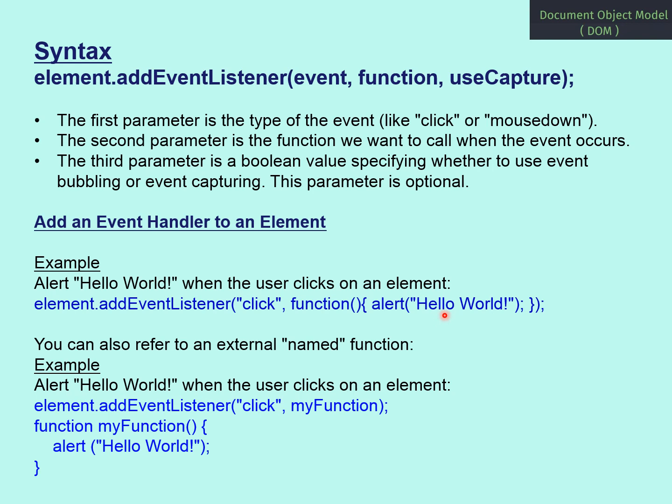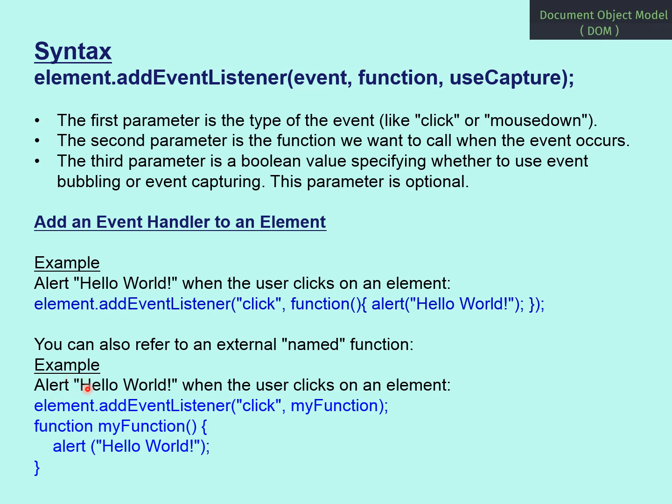So whenever the user clicks on the corresponding HTML element, an alert box will be generated with the message hello world. You can also refer to an external named function. You can specify the function like this, or you can create this function externally with a function name.